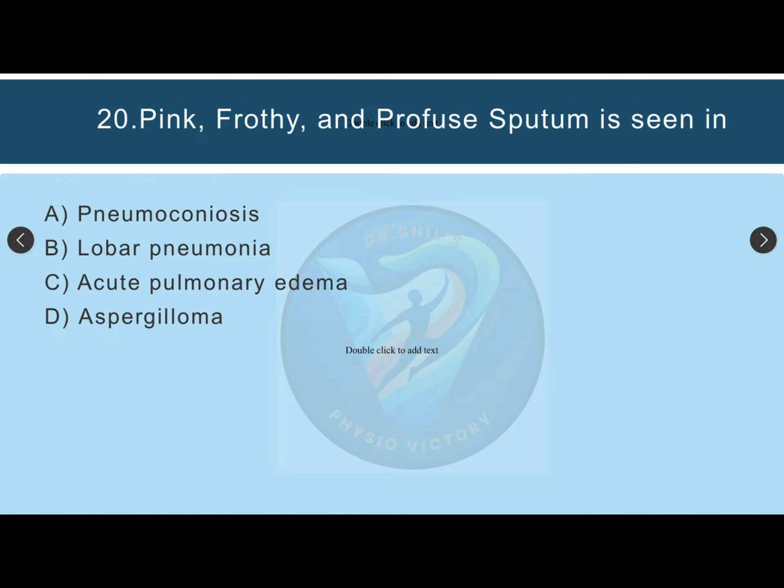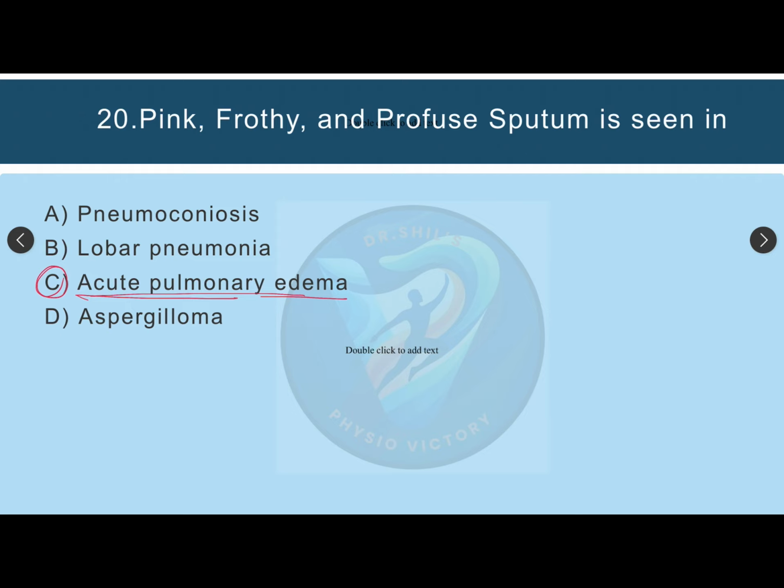Pink, frothy and profuse sputum is seen in option A, pneumoconiosis, option B, lobar pneumonia, option C, acute pulmonary edema, and option D, aspergilloma. Here the correct answer is option C, acute pulmonary edema.